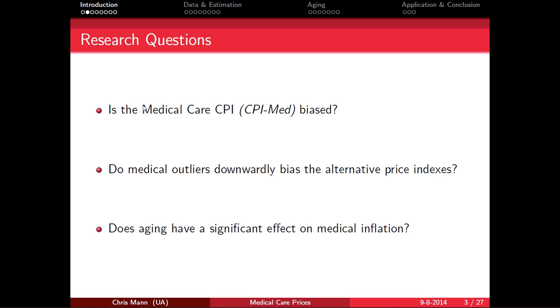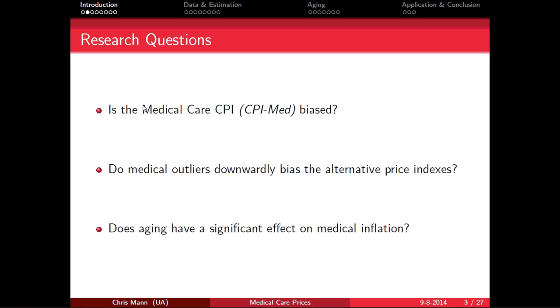And so what a lot of researchers have done in recent years is construct alternative price indices that better account for problems in the CPI, right? And so one of the things I'm also doing in this paper is addressing those alternative price indices.